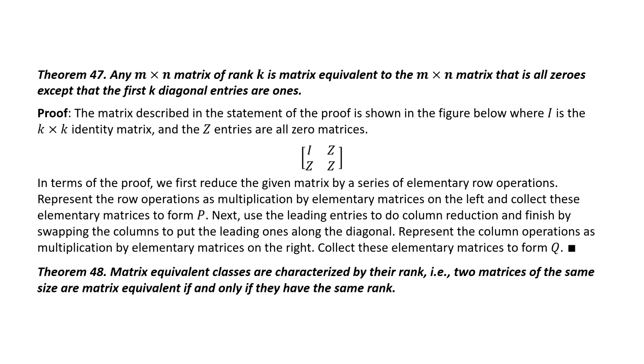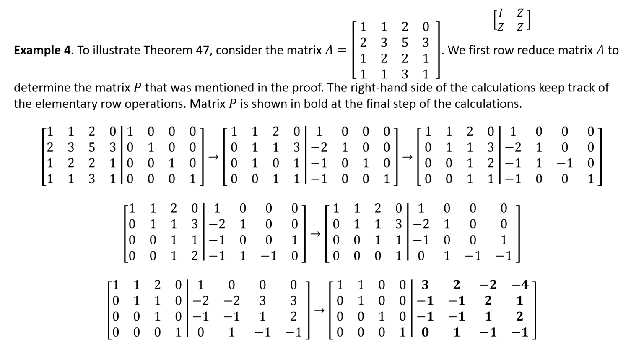Okay, so let's look at an example. On this slide and the next, I have an example of our Theorem 47. Start with the matrix A, and then we'll find the matrices P and Q to get it into this form here. Now it turns out that A is of rank 4, so we're going to get a 4 by 4 identity matrix, and that kind of obviates the need for these Z's here, just to warn you in advance.